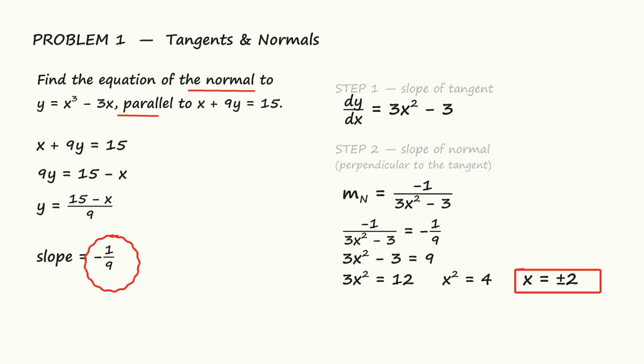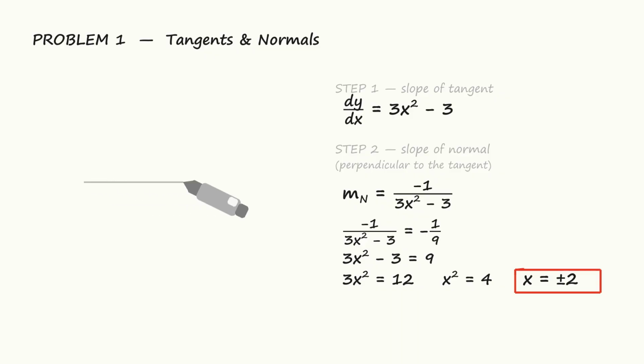One quiet check that separates a topper from an average scorer. The normal's slope has 3x squared minus 3 in the denominator, so x cannot be plus or minus 1, or the tangent is horizontal and the normal is vertical. Our roots are plus or minus 2. We are safe. Step 5.